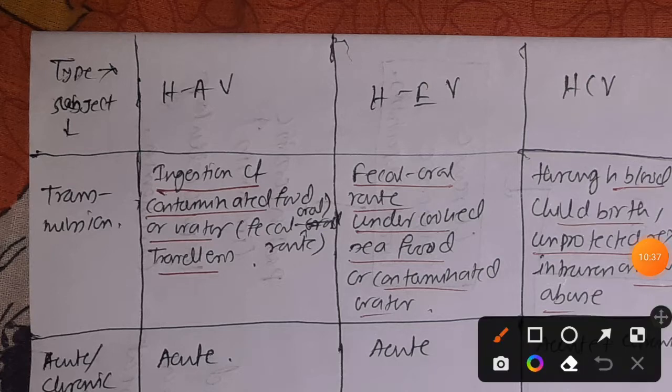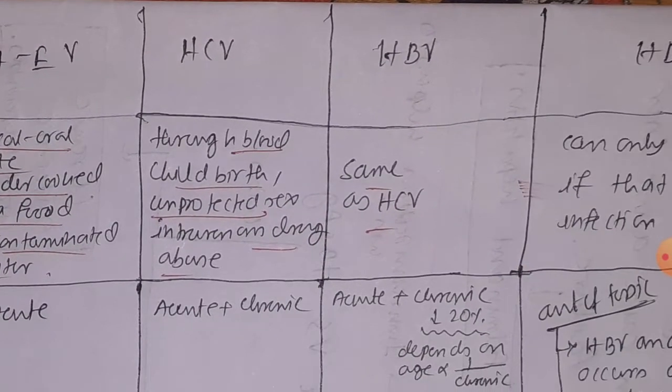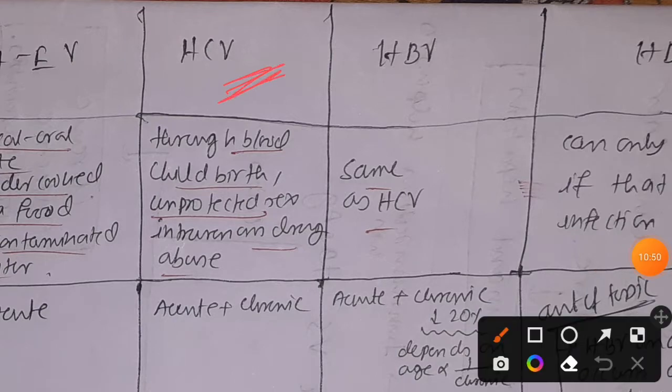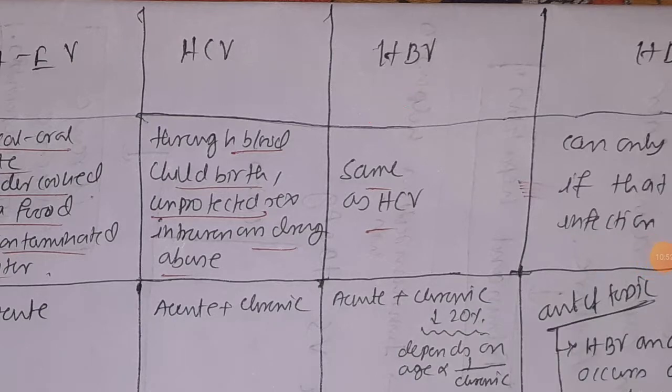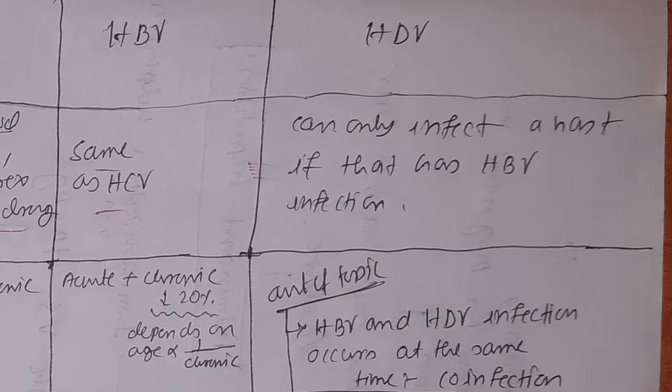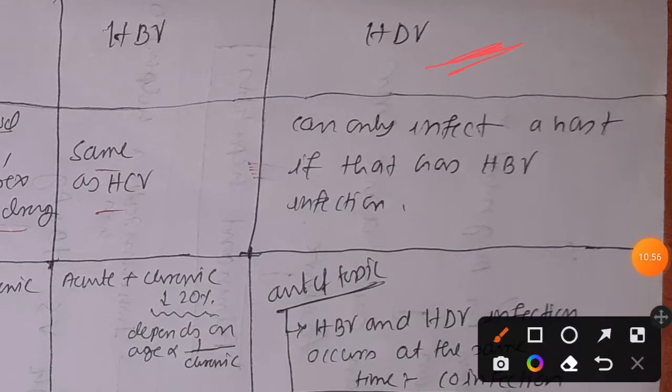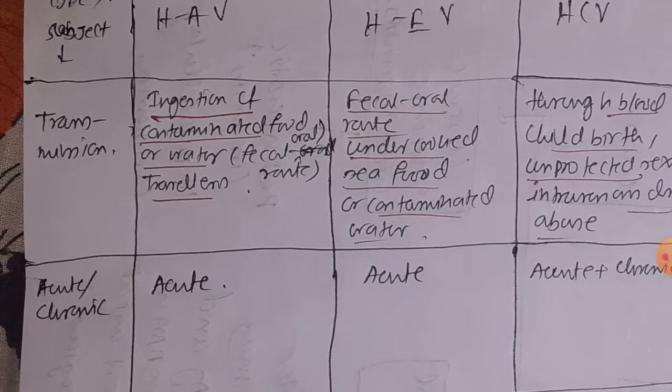Okay, so the first one is hepatitis A virus. Remember, hepatitis A virus resembles hepatitis E virus, and hepatitis C virus resembles hepatitis B virus. Okay, and HDV is a virus that cannot work in the absence of HBV. So that is the idea to remember.